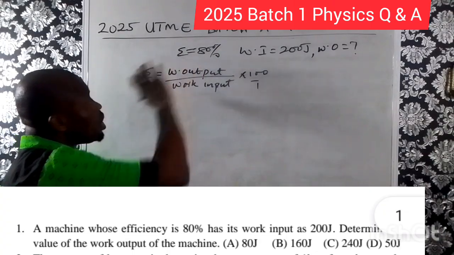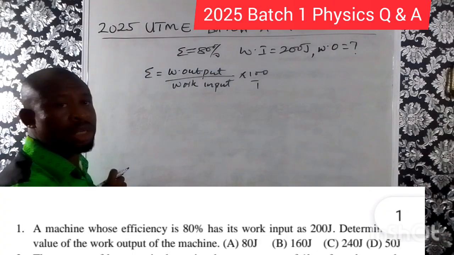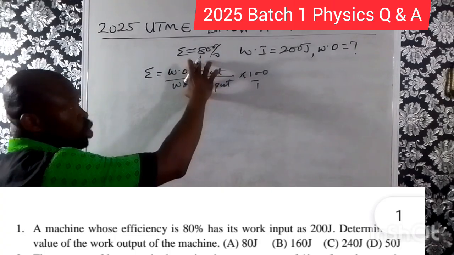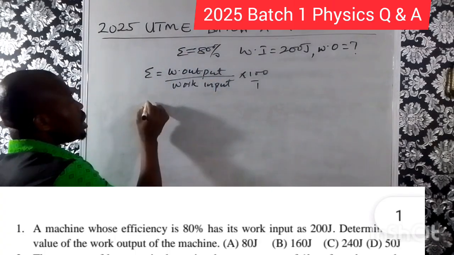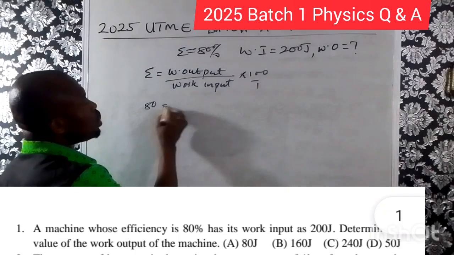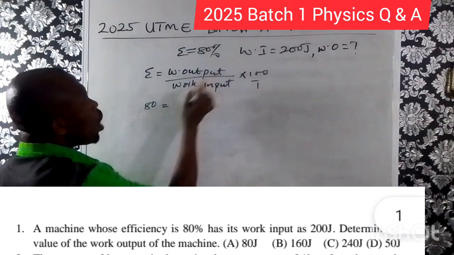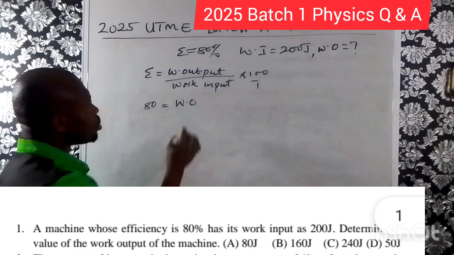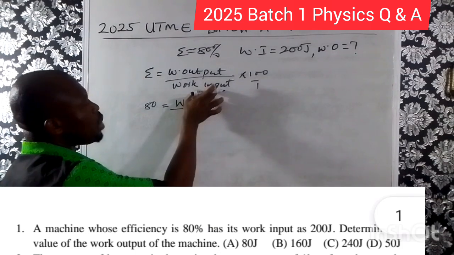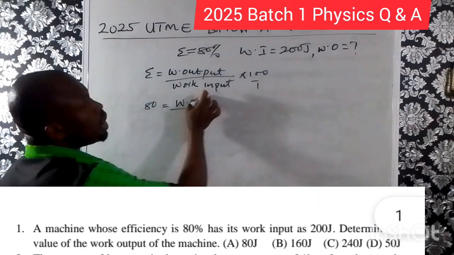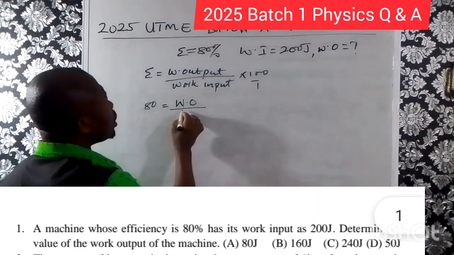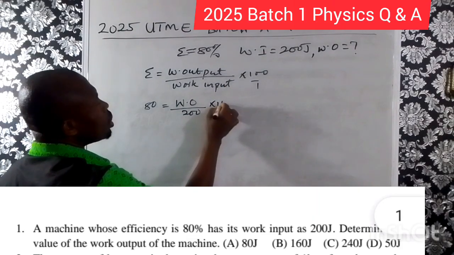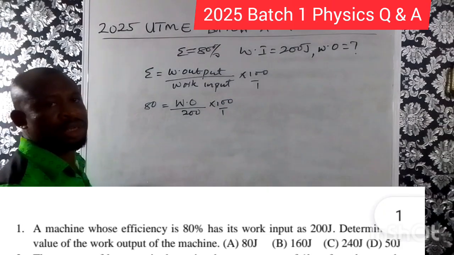If we go with this equation, you substitute straight: the efficiency there is 80%, which is equal to the work output, I will put it as WO, all over the work input, WI, which is 200, multiplied by 100.